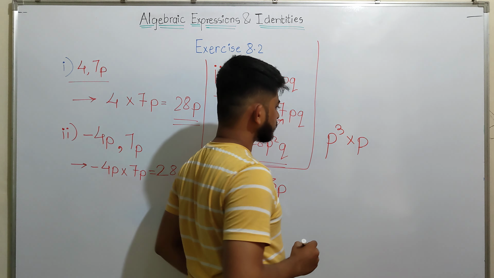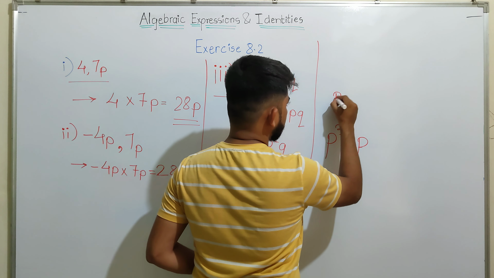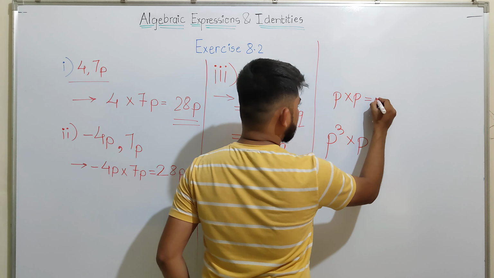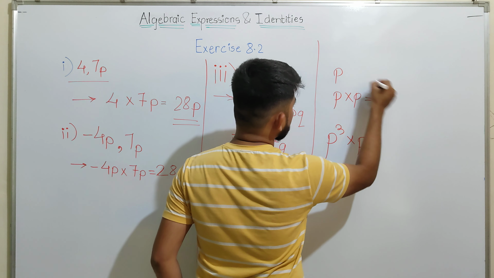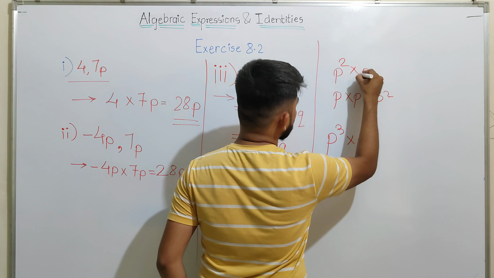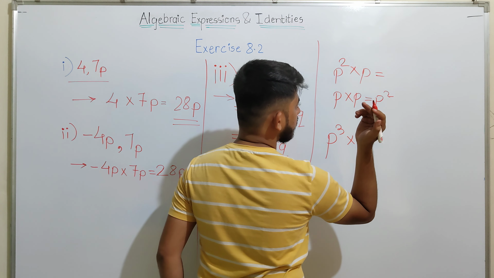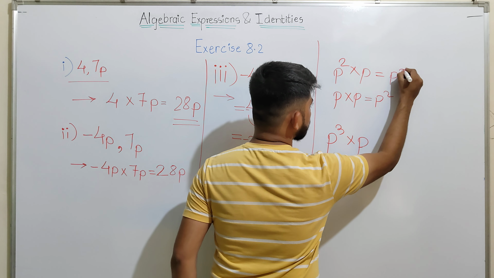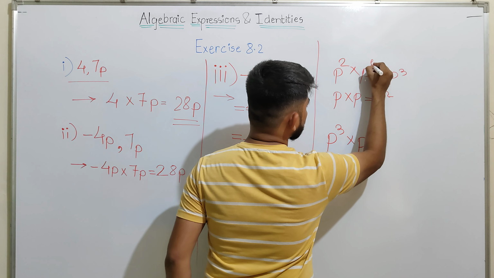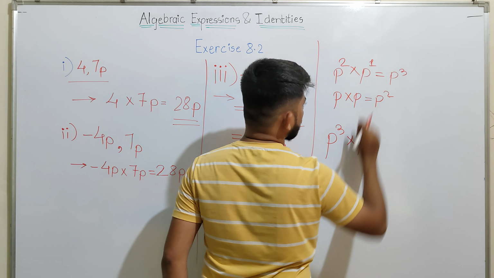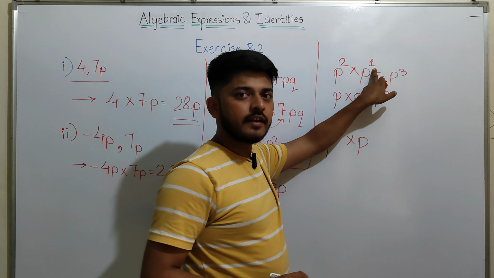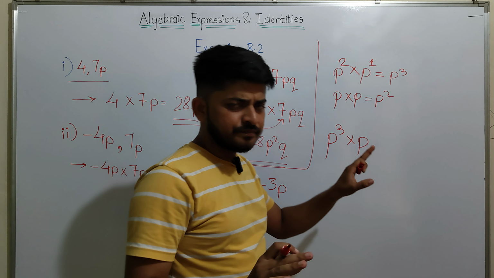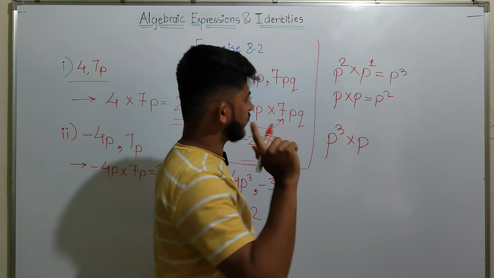Now see here, if I multiply p into p, we'll get p square, right? If I multiply p square into p, what will I get? I'll get p cube. Why? We have the power 1 over here. If they have not given the index power, you have 1.